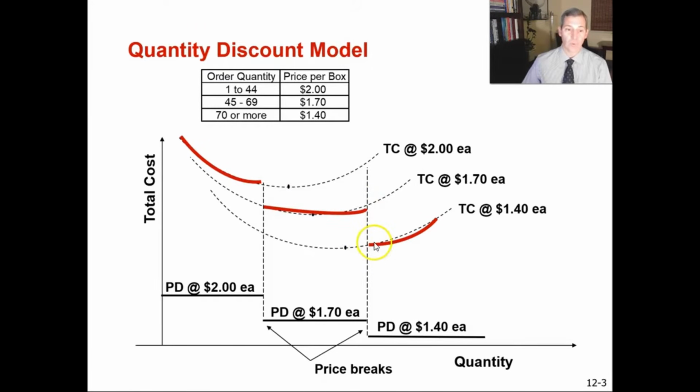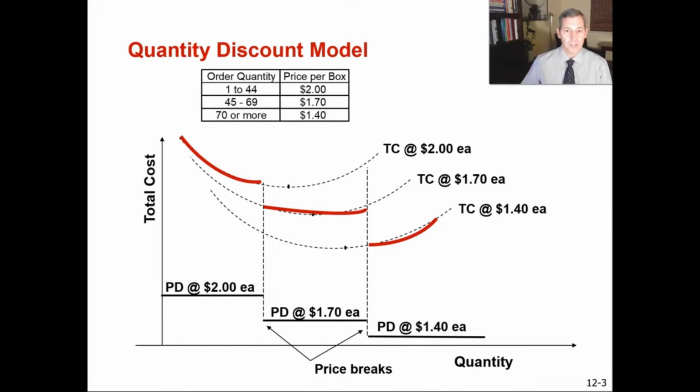So before we even go any further, think about this conceptually for just a second. If you're a buyer and you've calculated out that you need to buy 69 boxes, and those 69 boxes are going to cost you $1.70 per box.